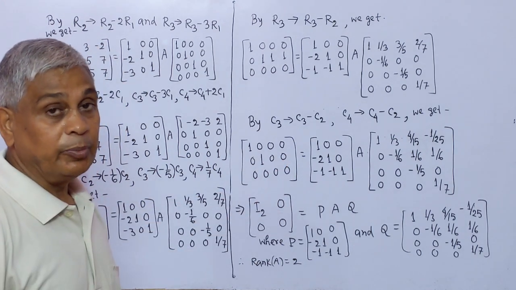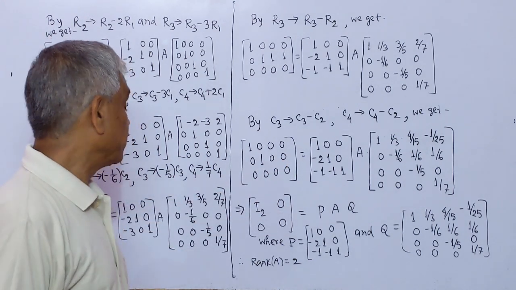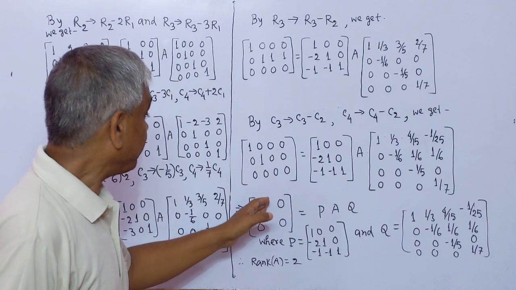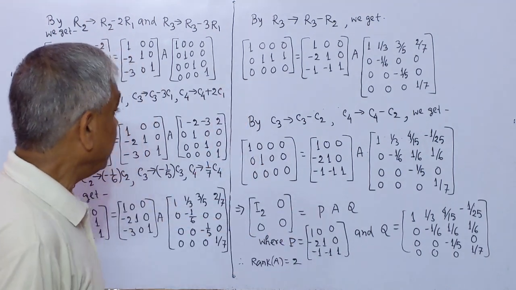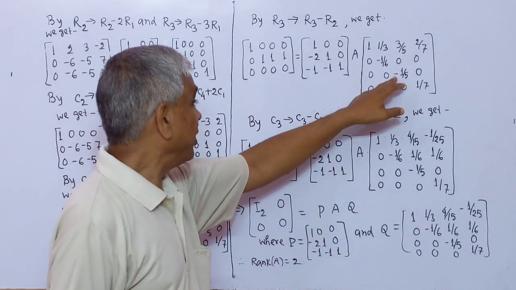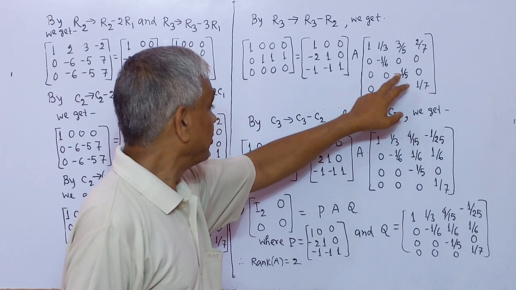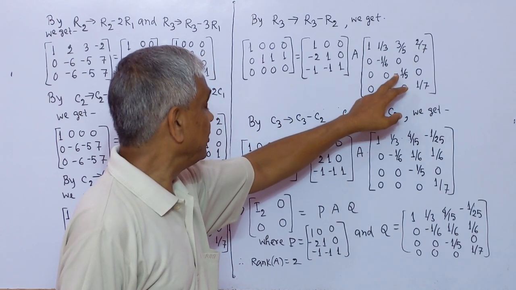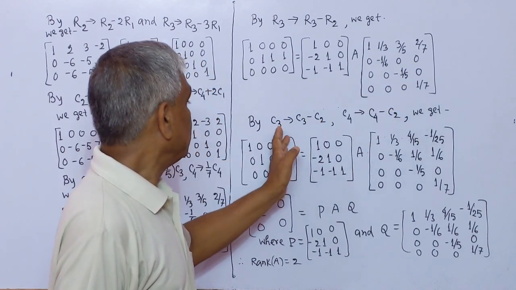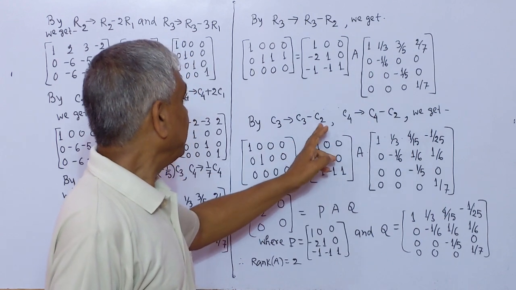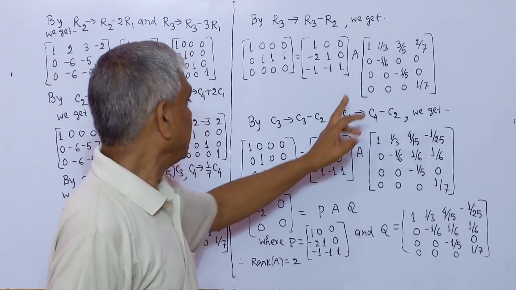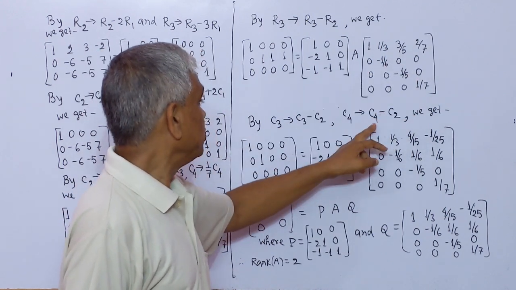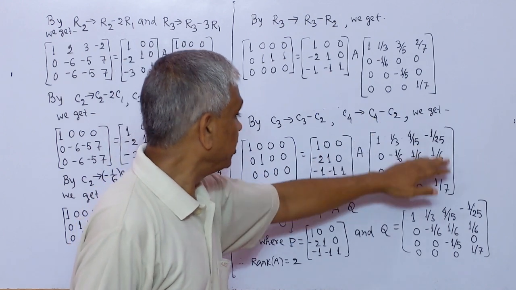Here we perform elementary column transformation. So we will have to perform this transformation in the post multiplied matrix. We perform this in this matrix: C3 minus C2 in place of C3, in place of C4, C4 minus C2, and we will get this matrix.